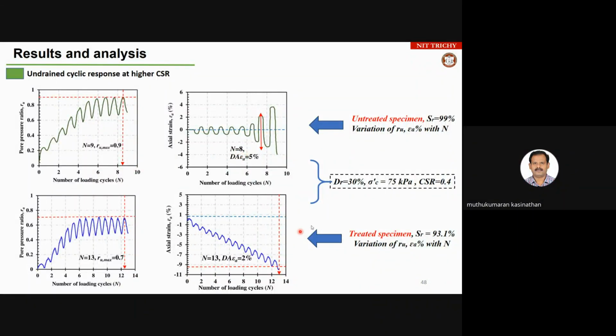Whereas if you consider the treated soil, where you are maintaining the degree of saturation reduced to 93.1, you are reaching a maximum value of 0.7 at almost the 6th cycle itself, and after that, it is almost a constant value.